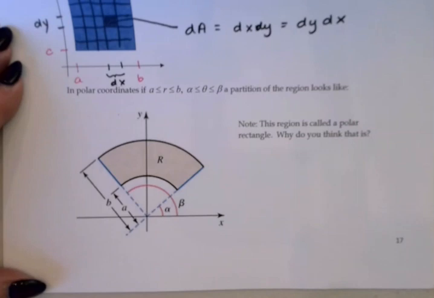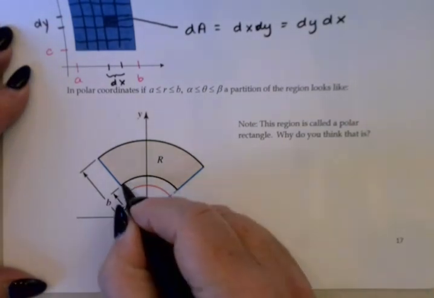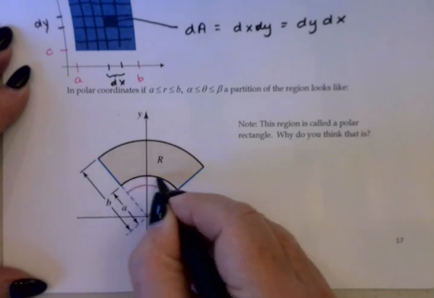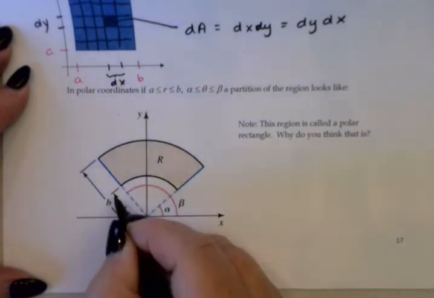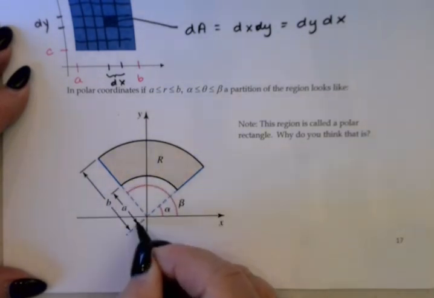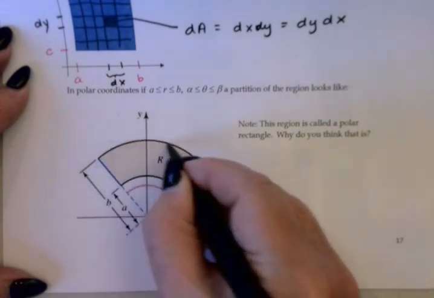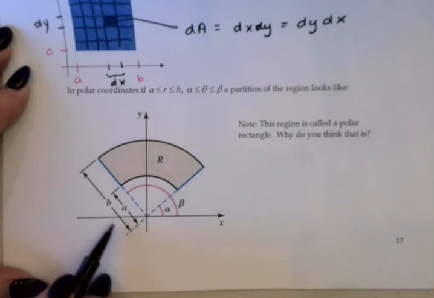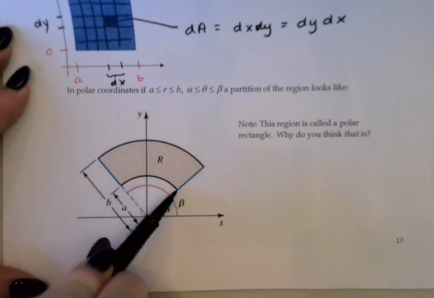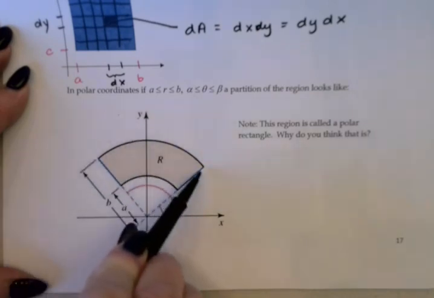Well, if r is going from a to b, r equals a would be this smaller circle, just a piece of it is visible here. Notice that's got a radius of a. And r equals b is this outer circle. Again, just part of it is drawn. Notice that's got a radius of b. So the radius goes from the smaller one, a, to the larger one, b.